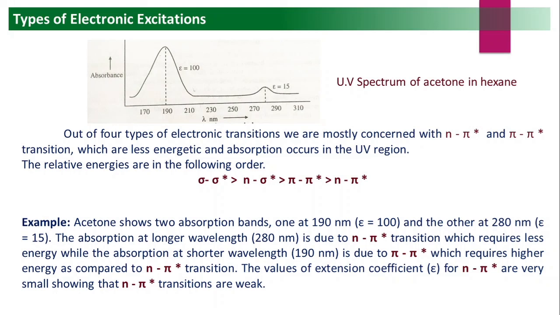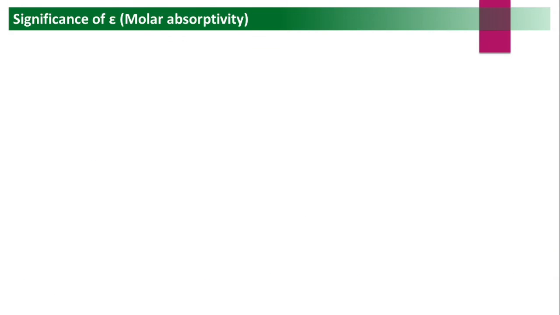If the probability of transition is very low, then the epsilon value is low. Here the epsilon value is 100, which means the probability of pi to pi star transitions is higher than n to pi star transitions. Even though n to pi star is less energetic, the probability of these non-bonding electrons going to the pi anti-bonding molecular orbital is less.